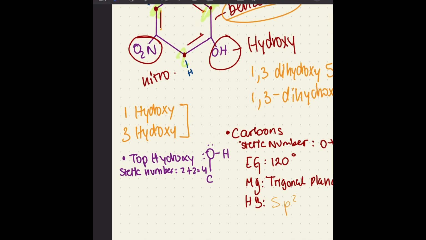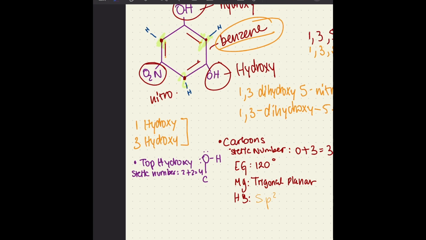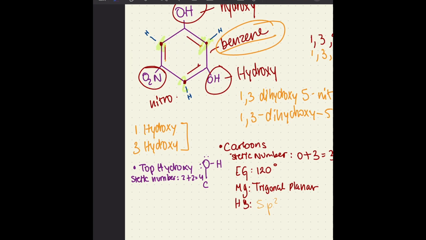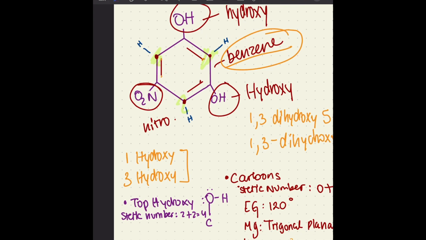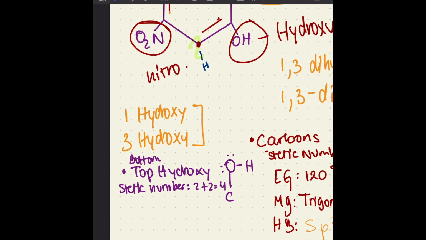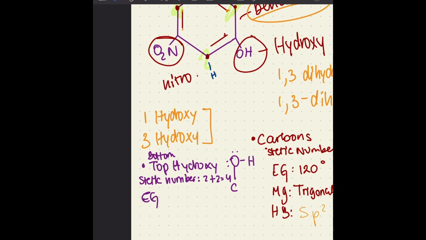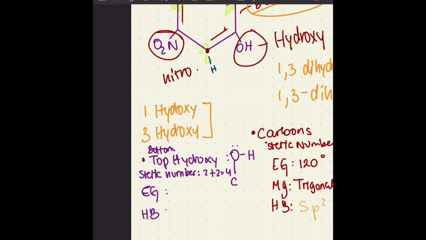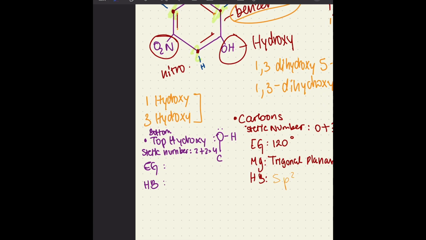Going on to the electron geometry, molecular geometry and hybridization, now that we have the steric number, the top and the bottom are going to be the same. They have the same steric number, the same atoms attached and the same number of lone pairs. For electron geometry, it's a steric number of 4 with 2 lone pairs, so the angle is going to be less than 109.